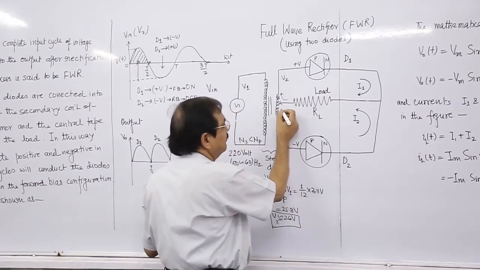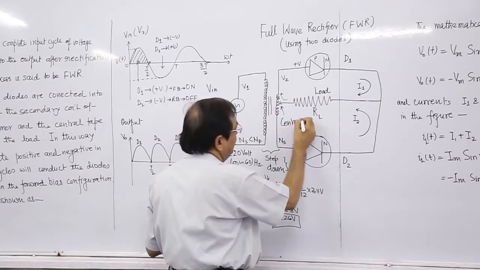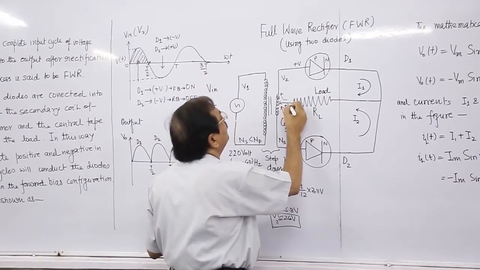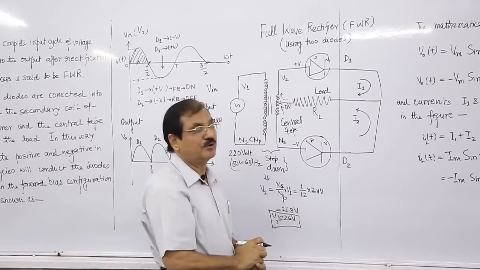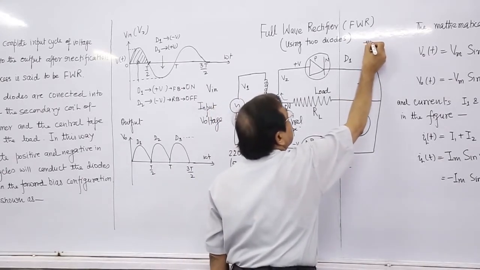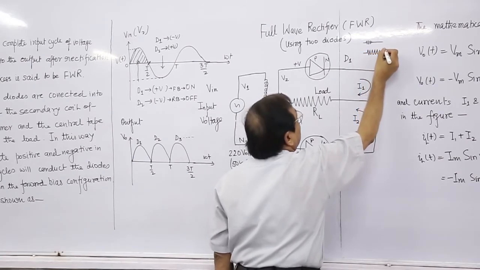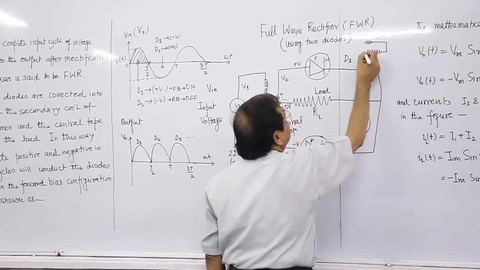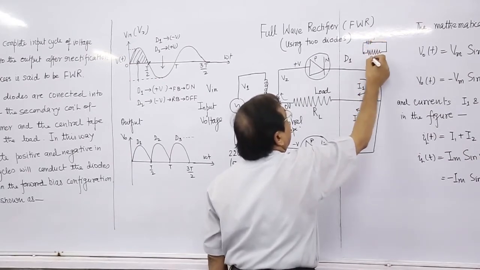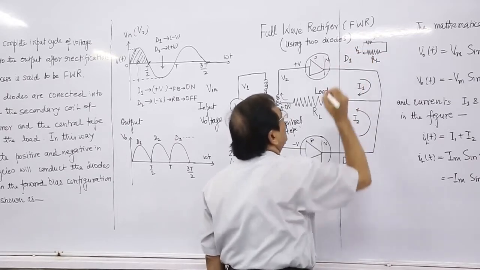This central tap point means zero potential. The central tap point is at zero potential. So, this is the resistance RF, here it is the load resistance RL, and this is V2.